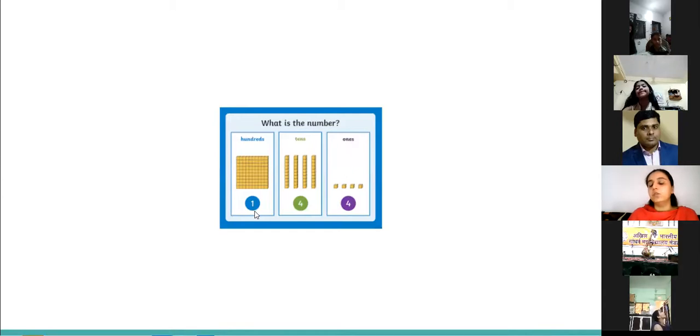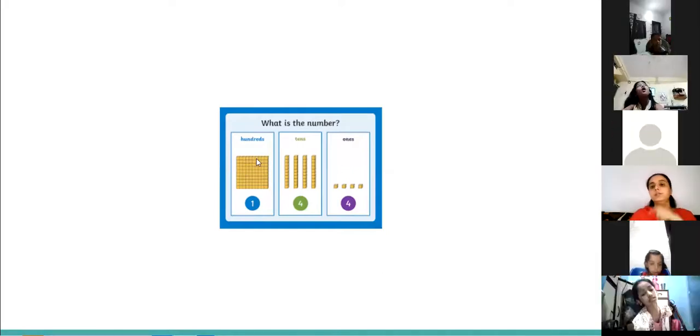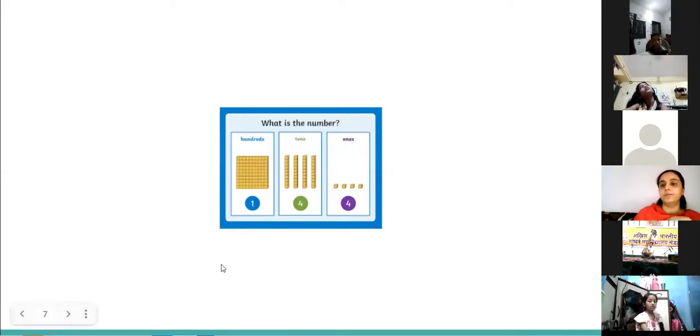I will draw 200 as one more block like this. So that will become 200. Remember this: whenever you find any difficulty in writing down a number, you can just draw it and find out the number. All right.